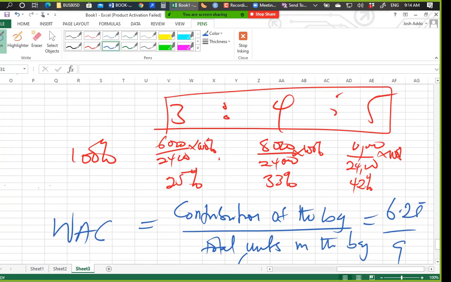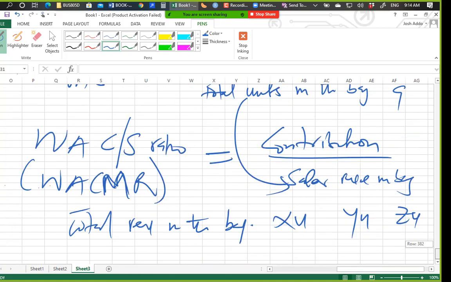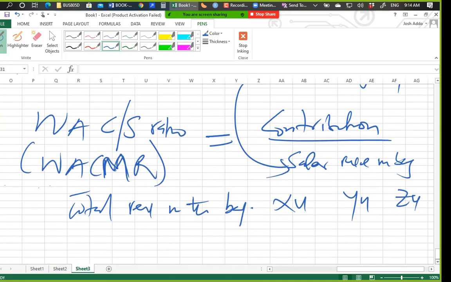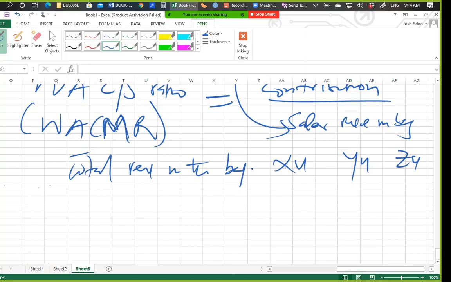Let's go back to the ratio of this one. So physical quantities. We can even use this one, physical quantities.